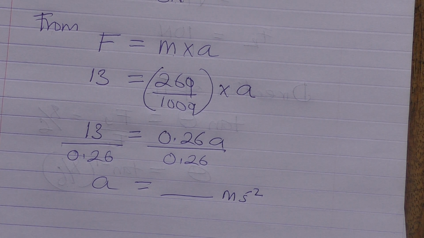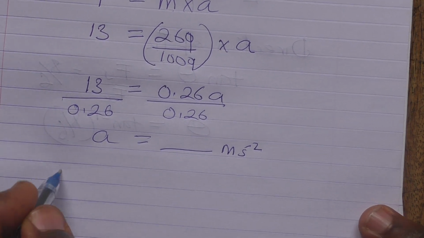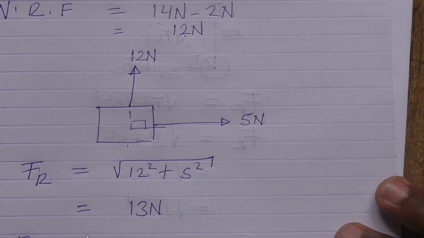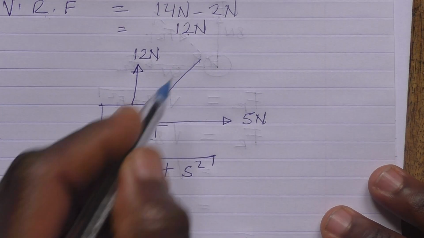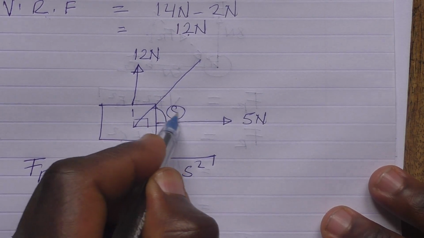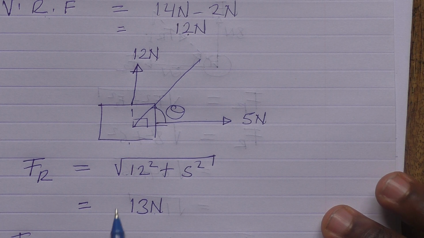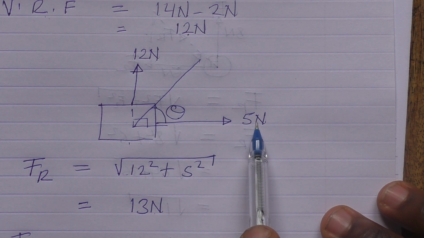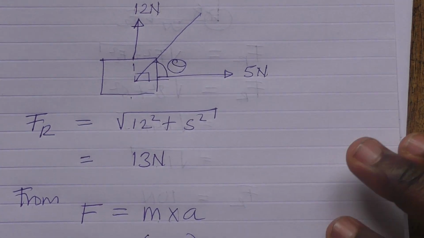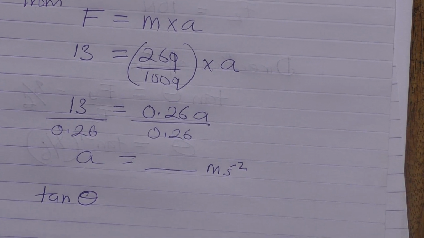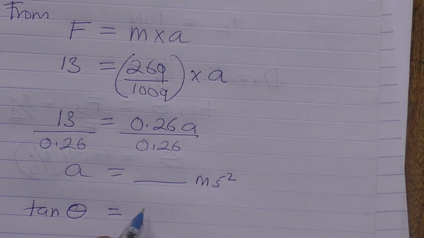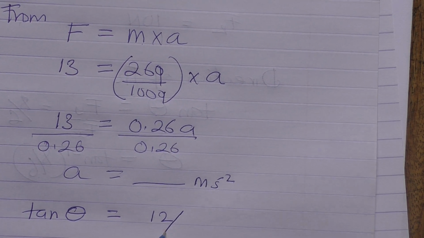For direction, we've seen how we get direction. We shall say tan theta, assuming this is our direction for the resultant. So this is our theta, meaning that it is making an angle theta with the horizontal, which is 5. So that angle is what gives us the direction. Tan theta equals 12 over 5.